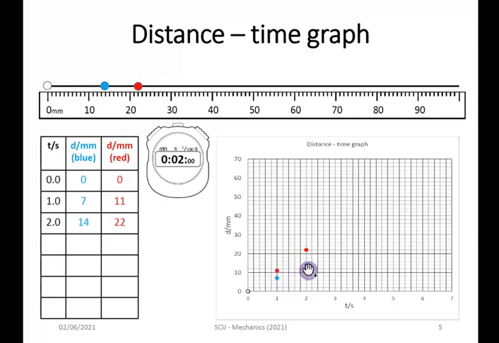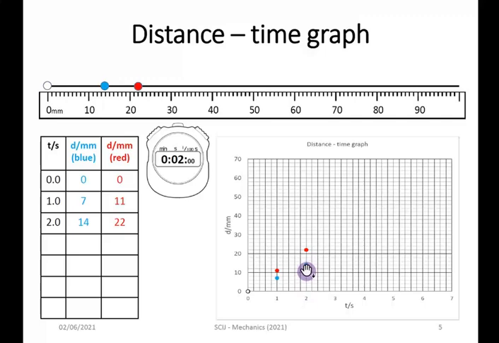Now after the second, or when the time is 2 seconds, we have the blue particle moving to 14 millimeters from the origin. You see, this is from the origin. This is the origin. So the particles are traveling along this axis, but with respect to this time.